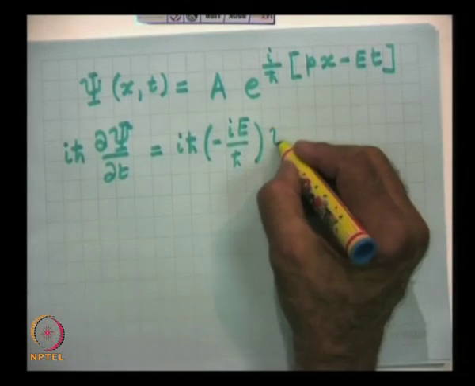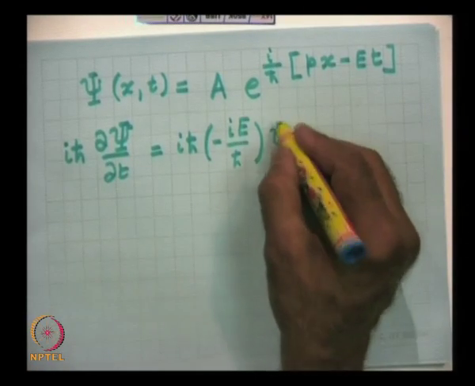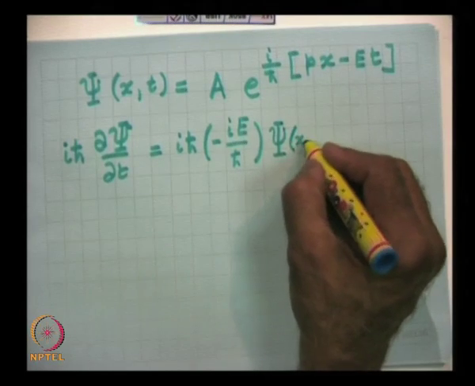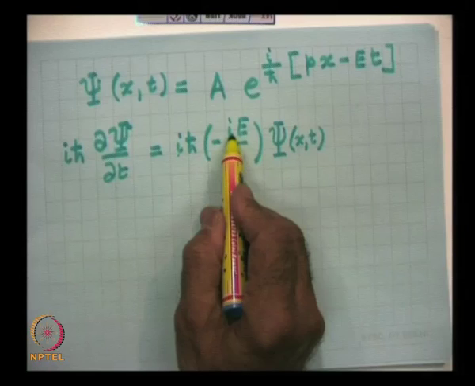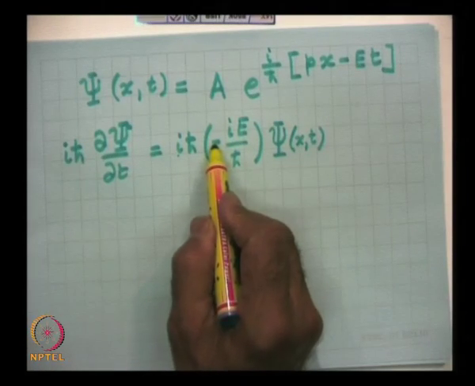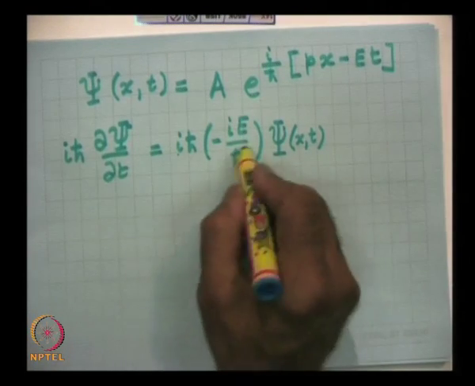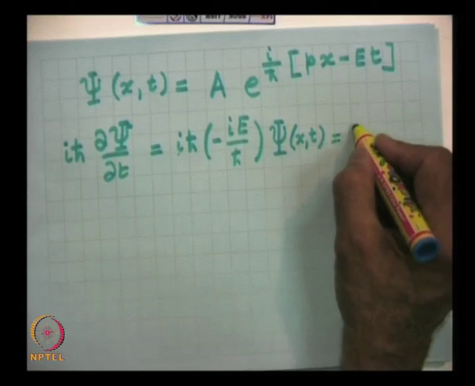So, this will be times ψ as a function of x comma t. So, i times i is minus 1 into minus is plus, h cross cancels out. So, you get E ψ.